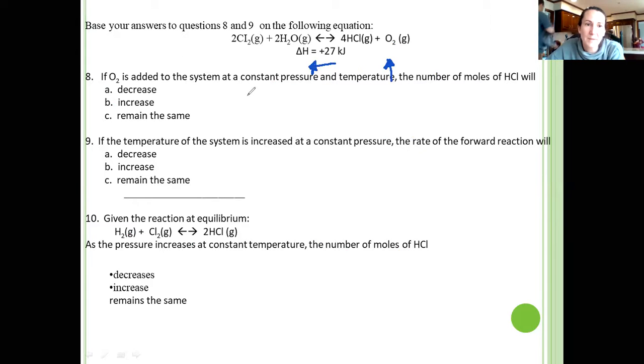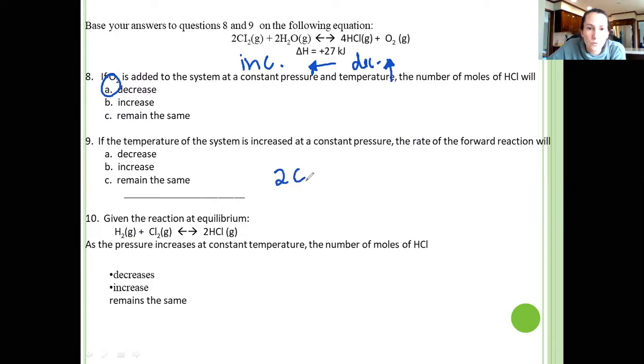That means everything on the left-hand side increases, and then anything remaining on the right will decrease. So HCl will decrease.